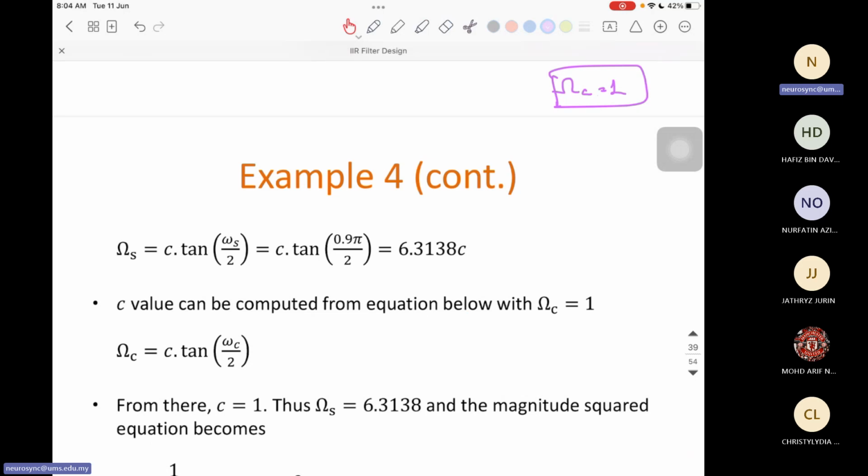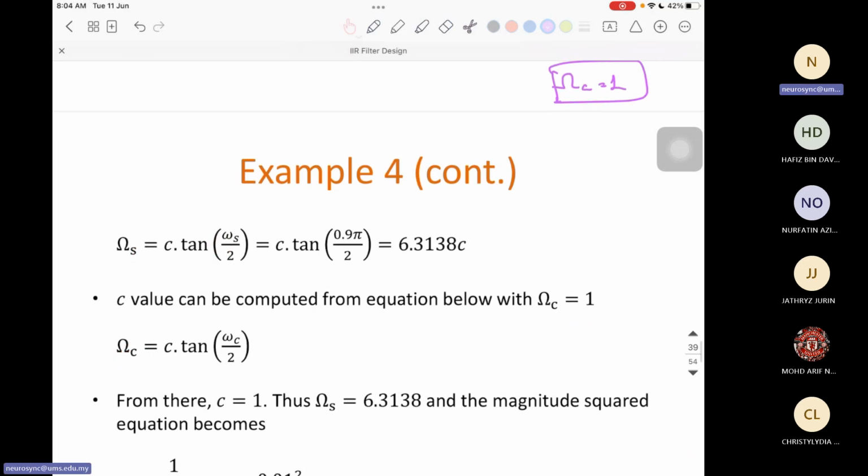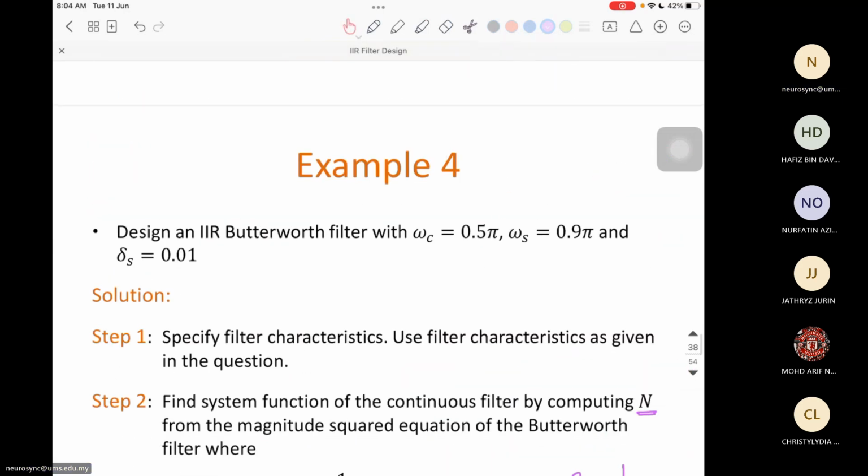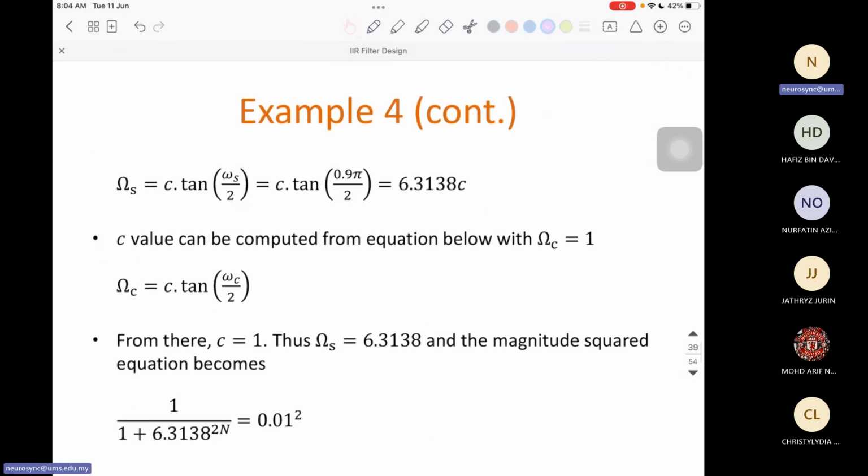So I can put a relation between the capital omega c and the small omega c. This capital omega c we always consider equal to 1 for simplicity, and the cutoff frequency is given in the example, that is 0.5 pi. So 1 equals c into tan of 0.5 pi by 2, and if you do the calculation you will get the value of c equal to 1.